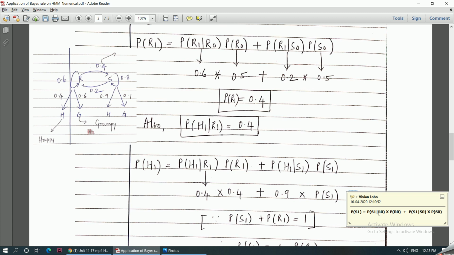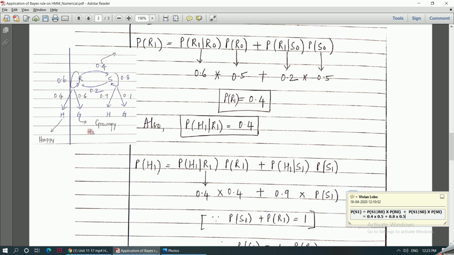When you substitute these values, from the state transition diagram you get 0.4 multiplied with your 0.5 plus 0.8 multiplied with your 0.5.